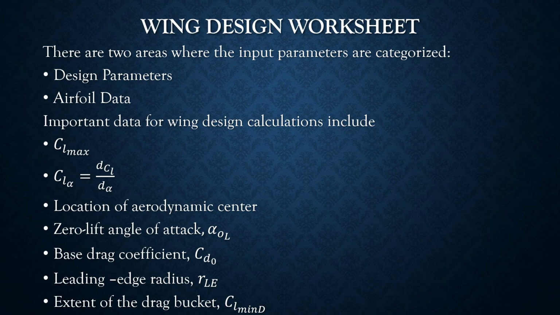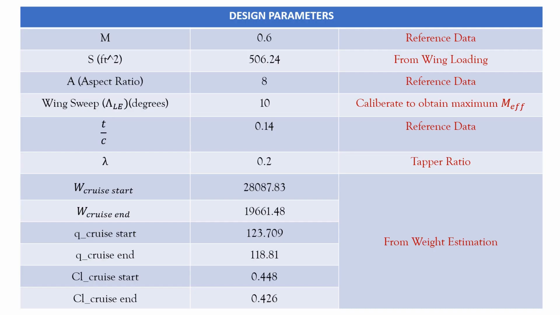The most important data needed for the wing design calculations include CL max, CL alpha, location of the aerodynamic center, zero lift angle of attack, base drag coefficient, leading edge radius, and extent of the drag bracket. So we have our design parameters.